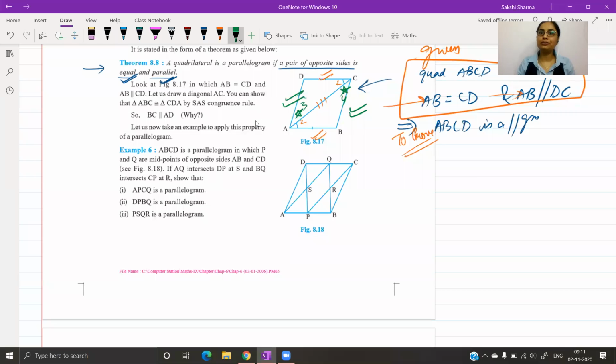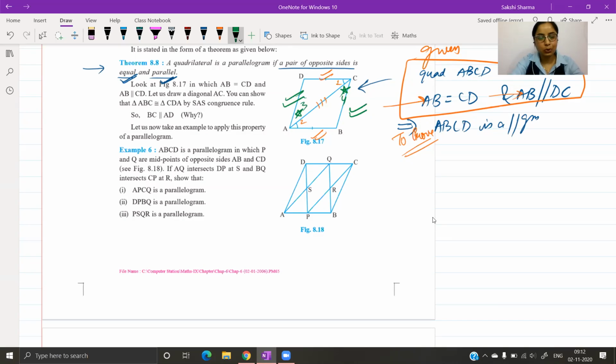No, it's not necessary. It could happen in a general quadrilateral that the triangles are congruent. If you have a quadrilateral in which you prove two triangles congruent, the diagonal divides that into two congruent triangles, but I don't think it could be a parallelogram for sure.